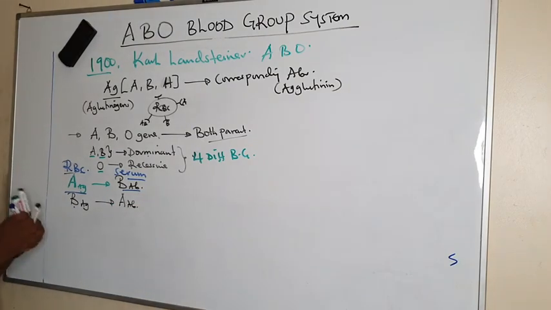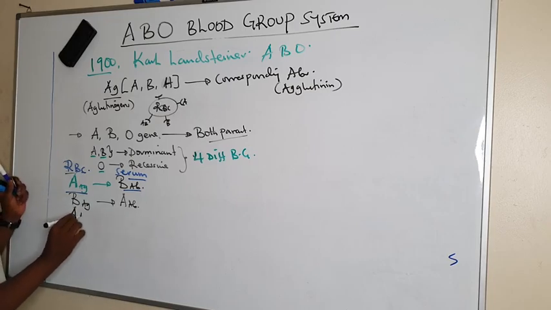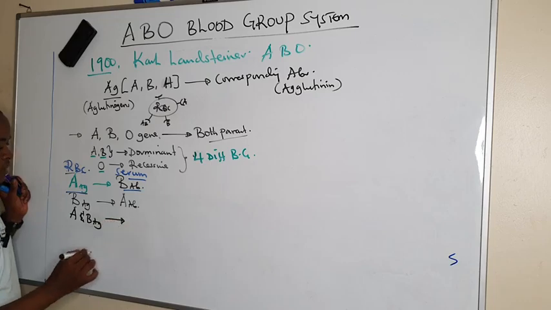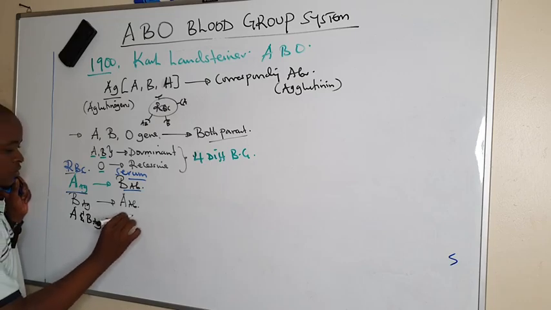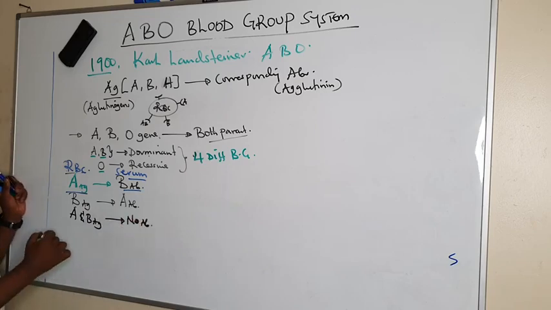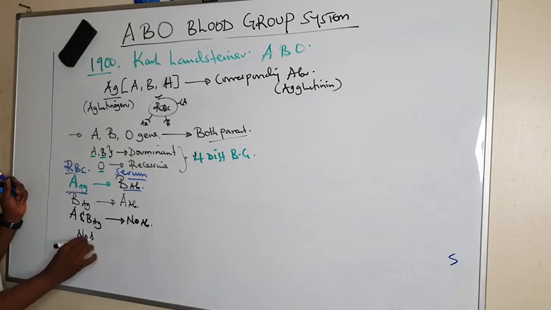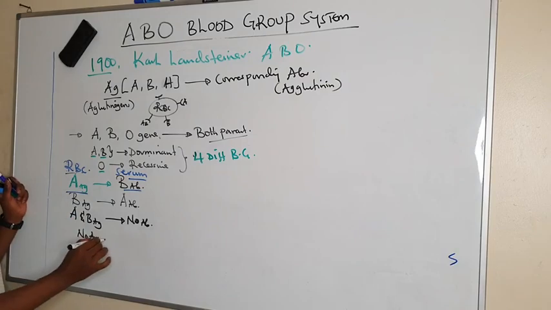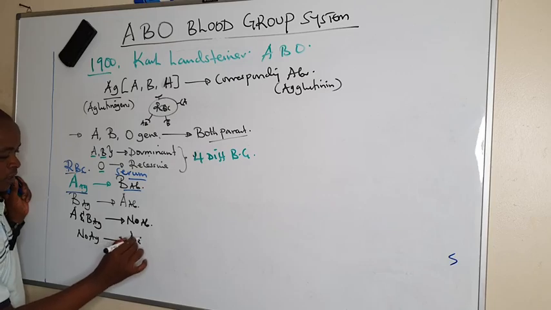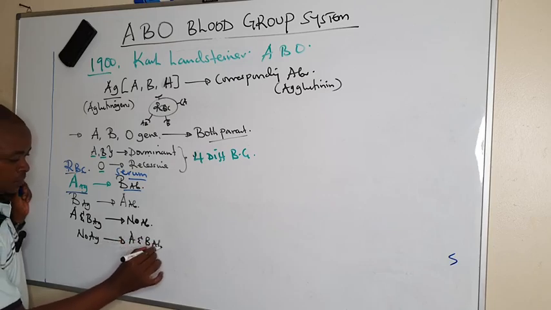Then if you are blood group AB, you find A and B antigens on the surface of RBCs. This person has no antibodies. Whereas someone who has no antigen on the RBCs, in their serum we find A and B antibodies present.